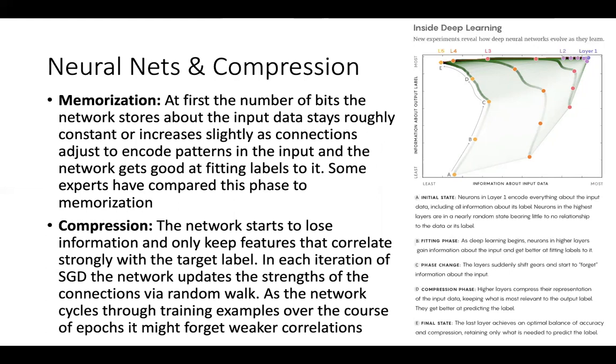One way to think about this is that in each iteration of stochastic gradient descent, the network updates the strength of the connections via random walks. As the network cycles through training examples, it might forget weaker correlations. As a real world example, suppose we have a toy model that seeks to learn to recognize cats versus dogs in images.